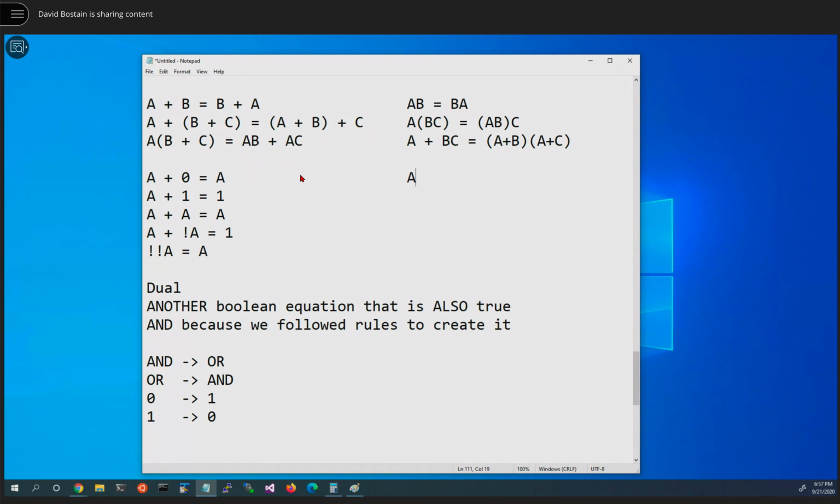So A, and I'm going to put a little X here for an and. A AND 0 is equal to whatever A is.